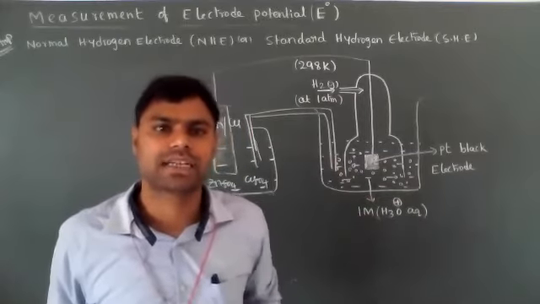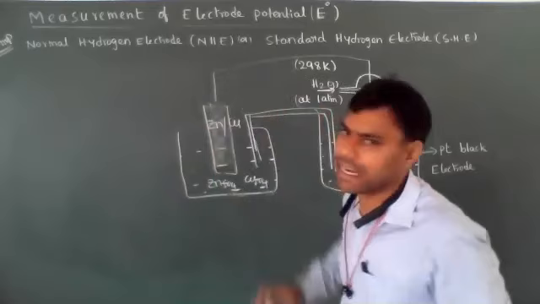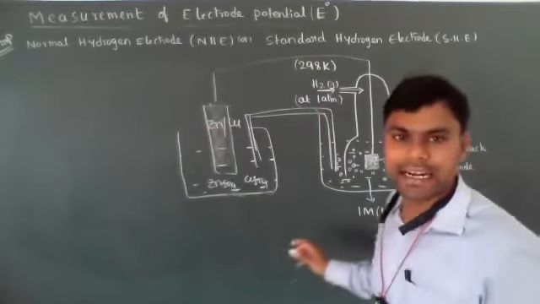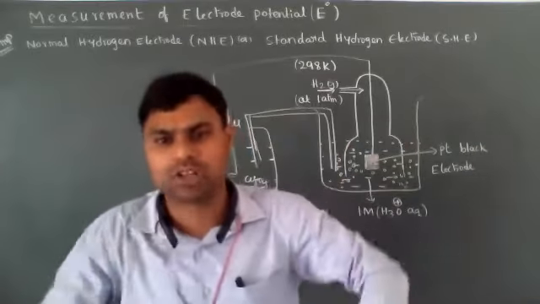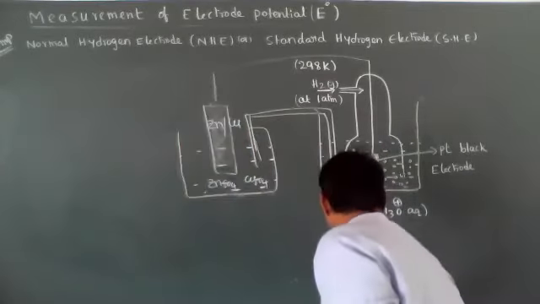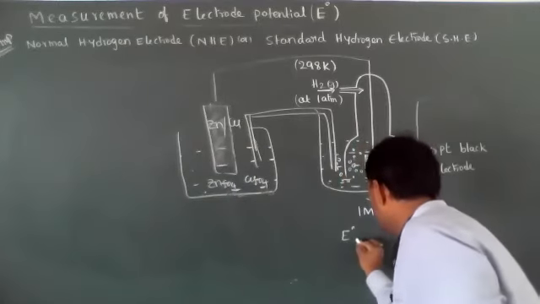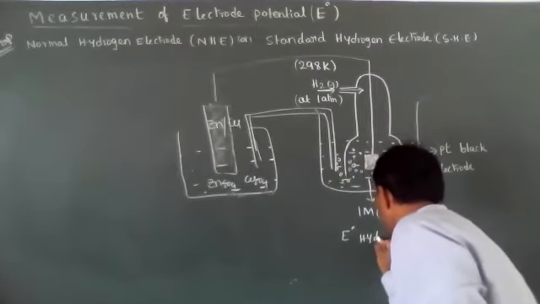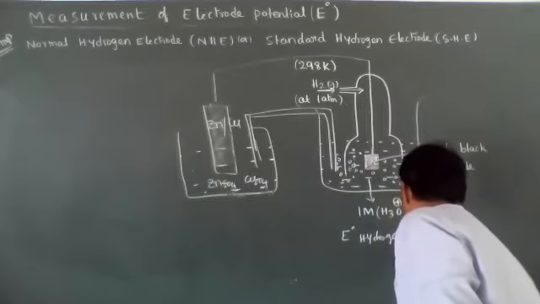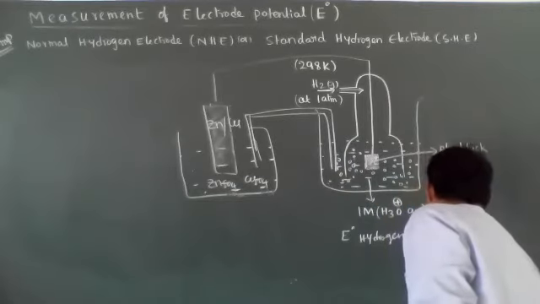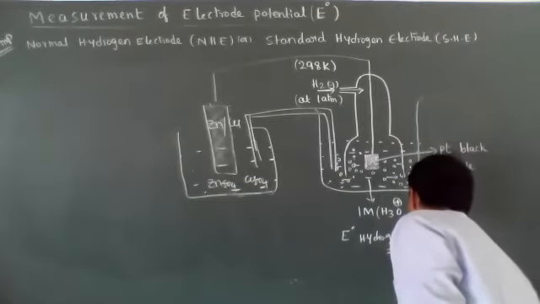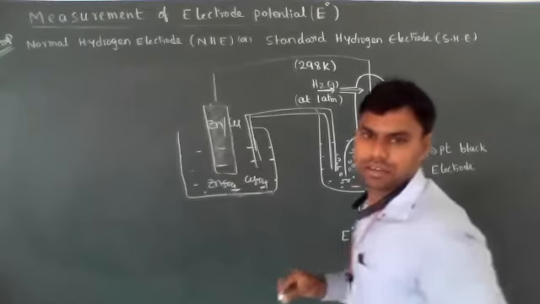So the generally used reference electrode is the hydrogen electrode, and its potential we already know. The E0 of the hydrogen electrode is always equal to 0.0 volts.